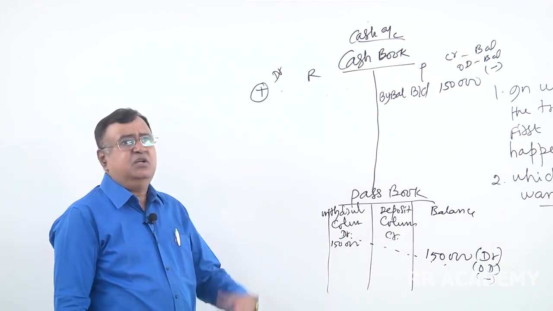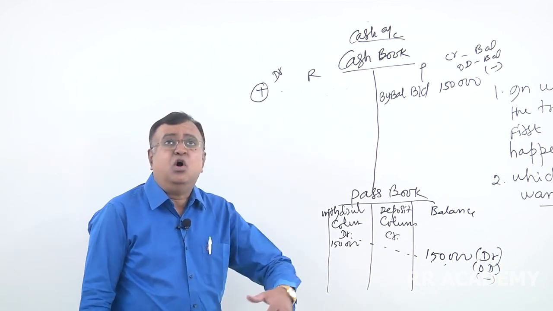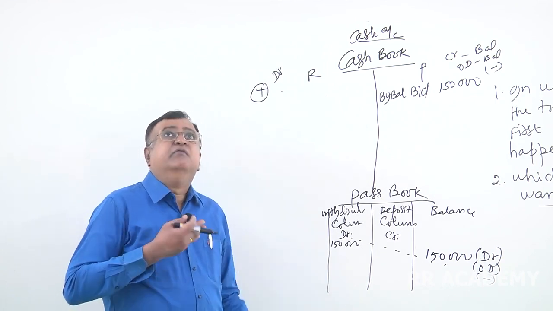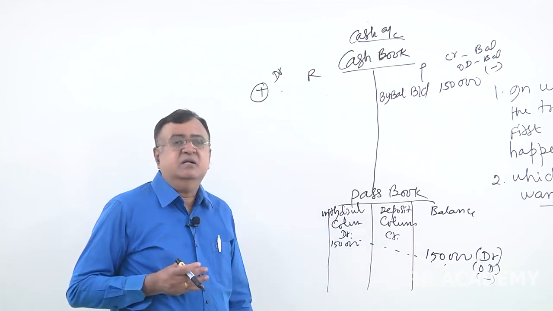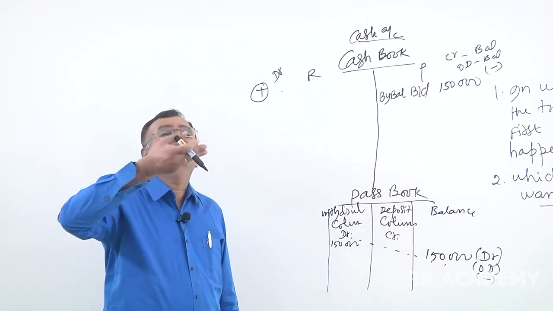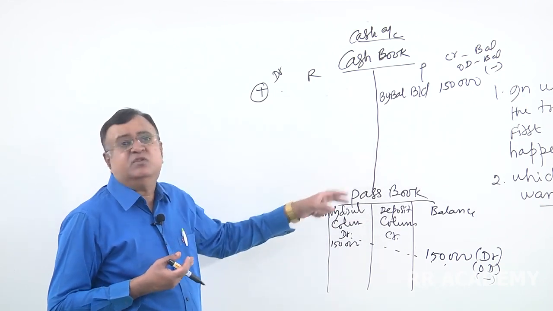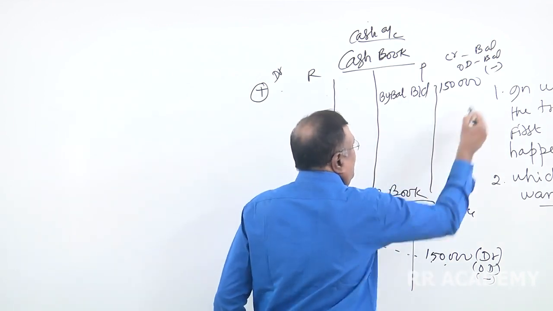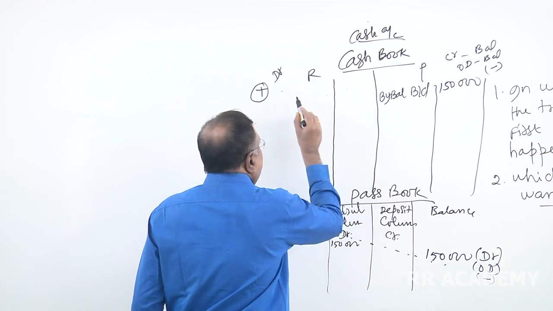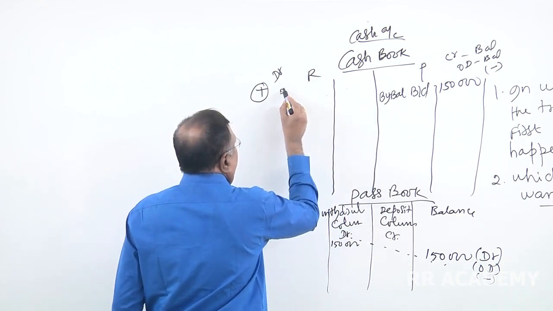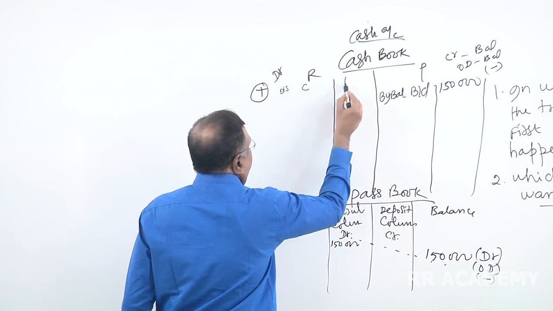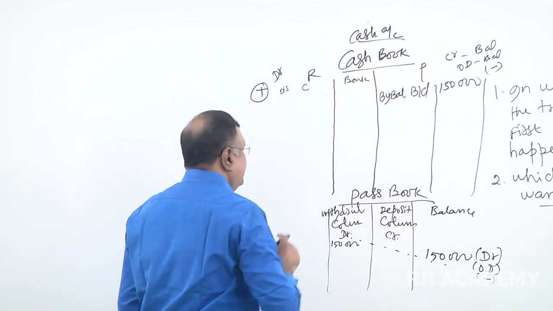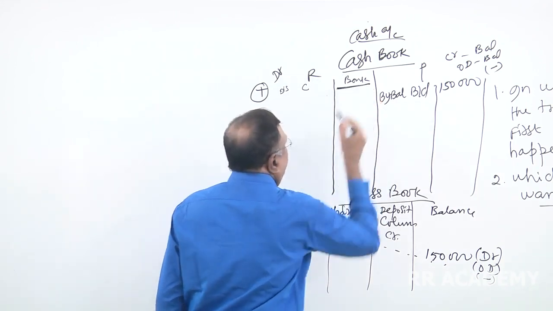Okay, sir, we have understood overdraft means drawing more. Bank money is with us. Passbook withdrawals more, so debit balance. Cash book payments more. That means bank money is with us. One more thing, friends. This cash book, what columns are we writing? Cash book involves discount column, cash column, bank column. 3 column cash book. Here we take only the bank column.